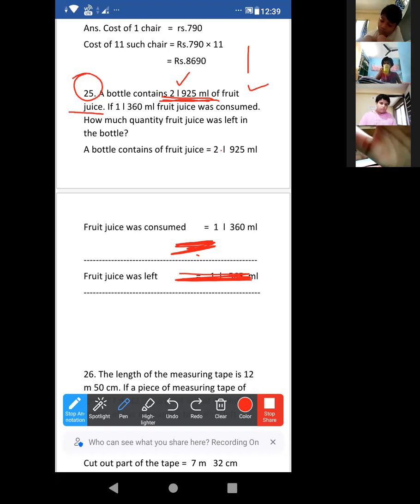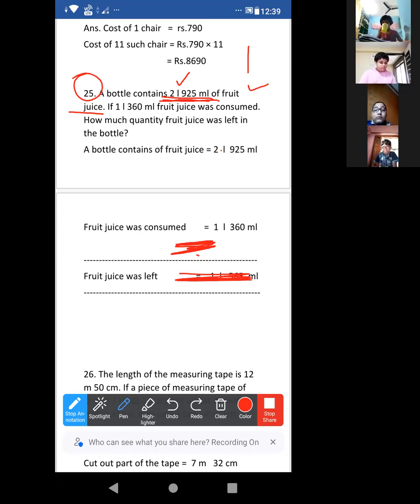If 1 liter 360 milliliter fruit juice were consumed, then how much quantity of fruit juice was left in the bottle?